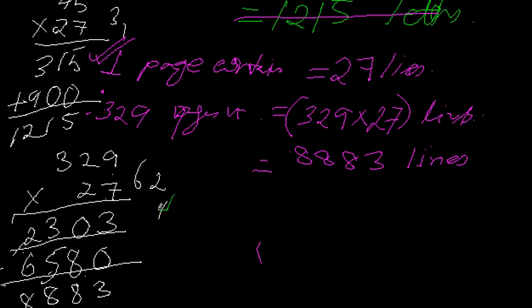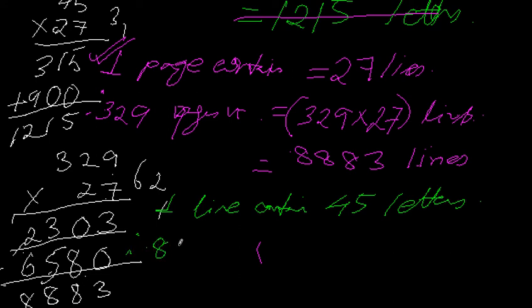Since one line contains 45 letters, therefore 8883 lines will contain much higher number of letters.